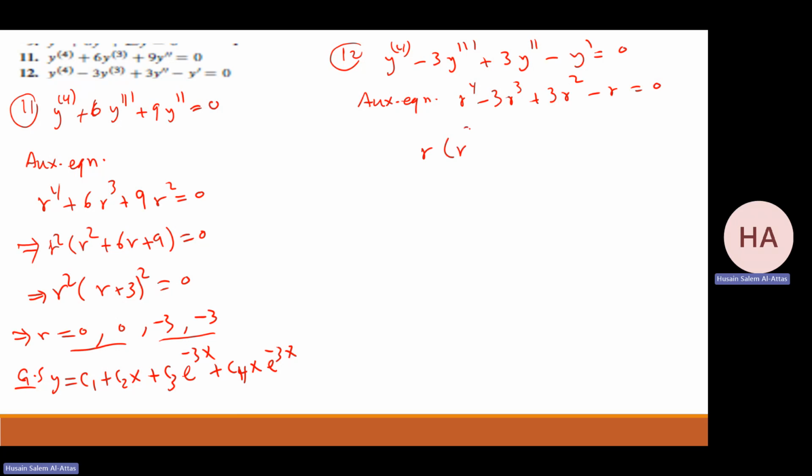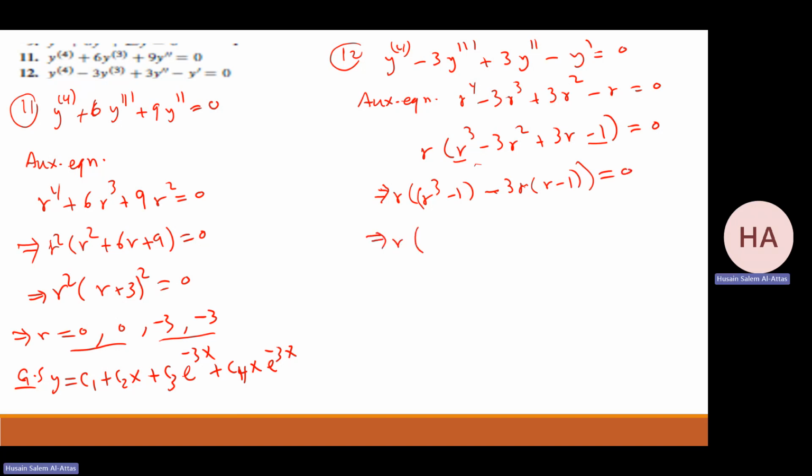Can take r common factor. If you look at this, this is r minus 1 all cubed. Or I can do it by grouping these two with each other, and I have minus 3r. The remaining is r minus 1 equals 0.